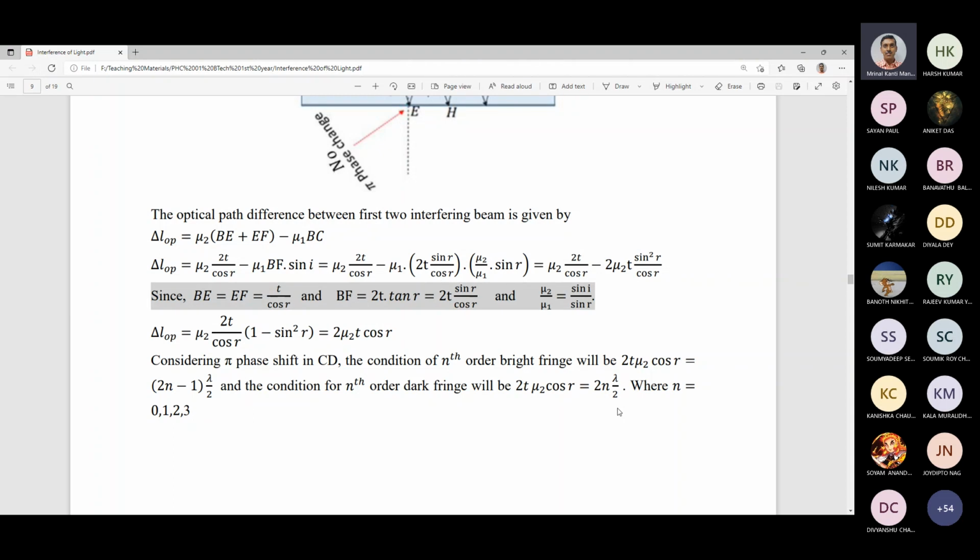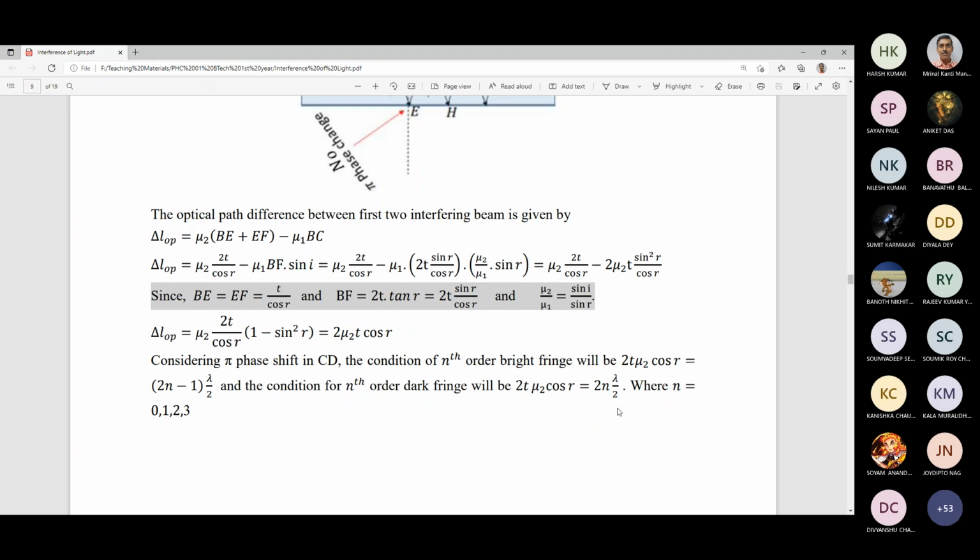Initially in Young's double slit or biprism experiment, maxima appear at even multiples of half wavelength, and minima at odd multiples of half wavelength. But here it is reversed. Why is it reversed? Because of a phase shift of pi of one of the interfering beams. Point is clear?